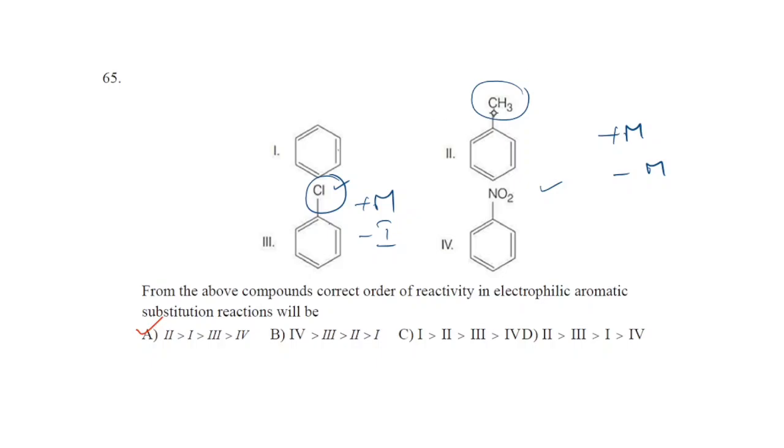And what about nitrobenzene? Of course, it's an electron withdrawing group which decreases the reactivity of electrophilic substitution reaction, and hence 2 greater than 1 greater than 3 greater than 4 is the answer.